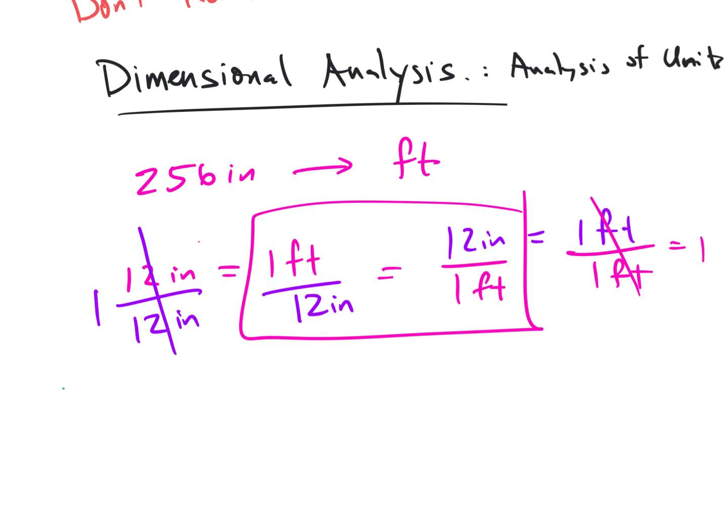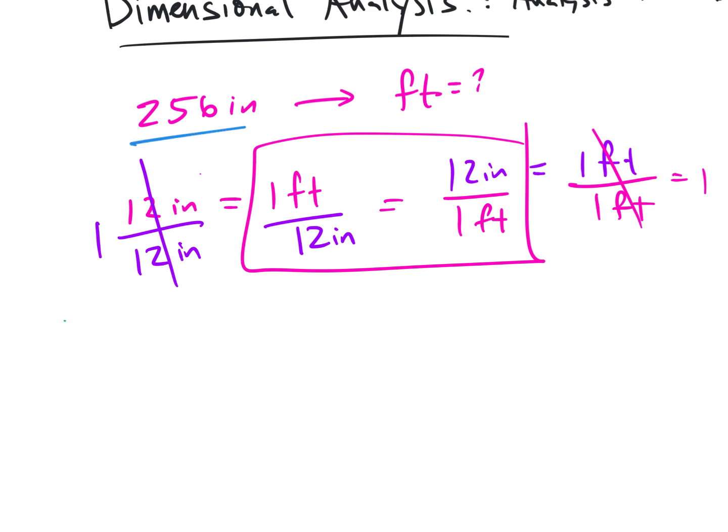Whatever one gets us the right unit. So what's our question? What are we looking for? This is the very most important part of any problem. What is the question? How many feet? We have to know what unit we're looking for. Do you get that? We got to know how many feet. Okay?